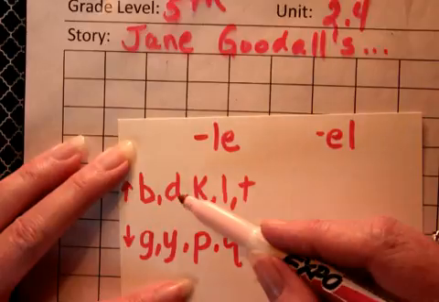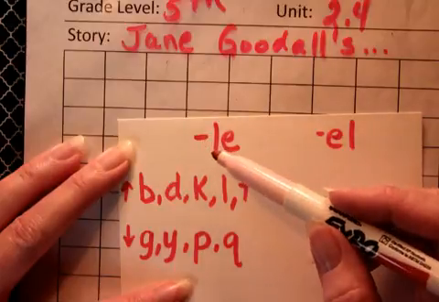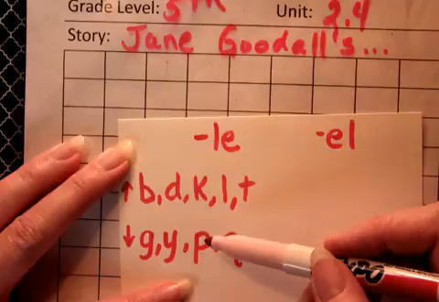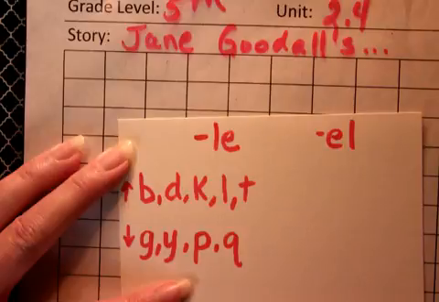If you have ascending letters in front of the O sound, then it's going to be spelled with the consonant and then the LE.